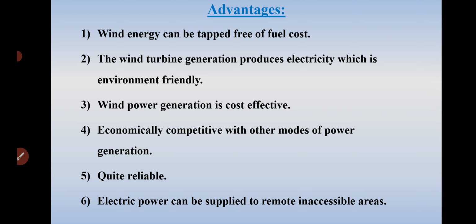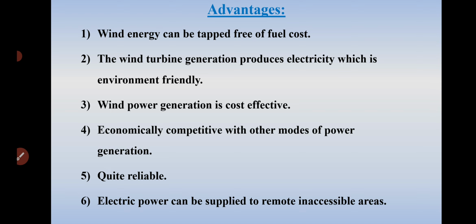Then electric power can be supplied to remote, inaccessible areas. You know that the wind farms can be set in remote areas where there are no huge buildings, no thick forest, etc. So there should be an environment in which the wind can easily flow.